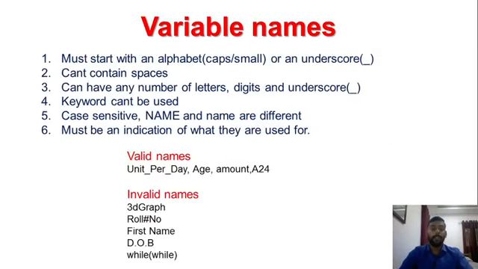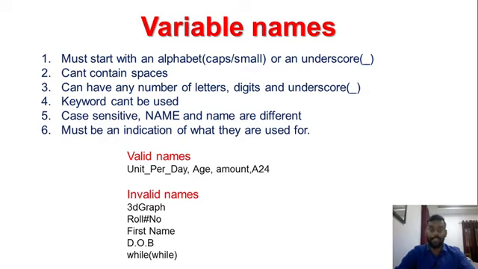Moving on, variable names. Actually, we have to follow some syntax or grammatical rules while coding. So that's what we refer to here as syntax. At the time of defining or creating a variable, we have to follow a set of rules.